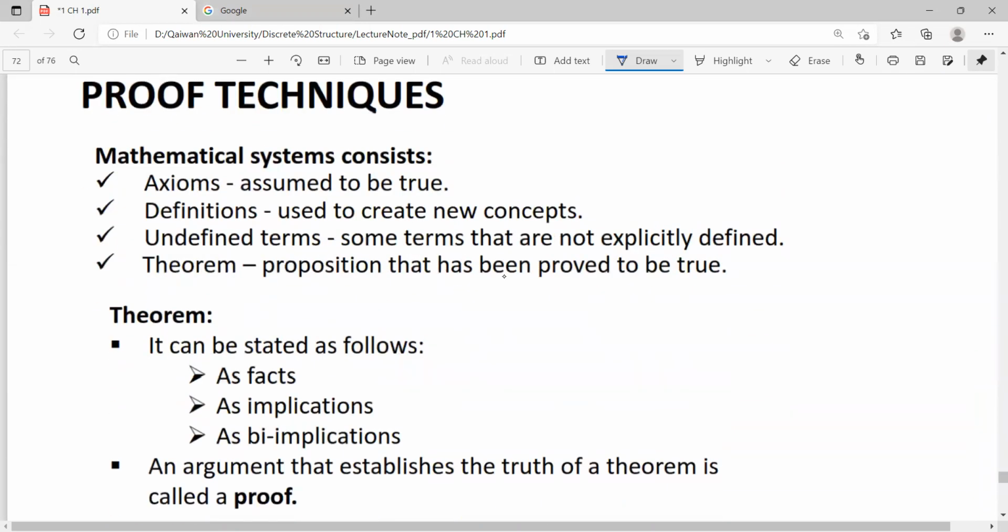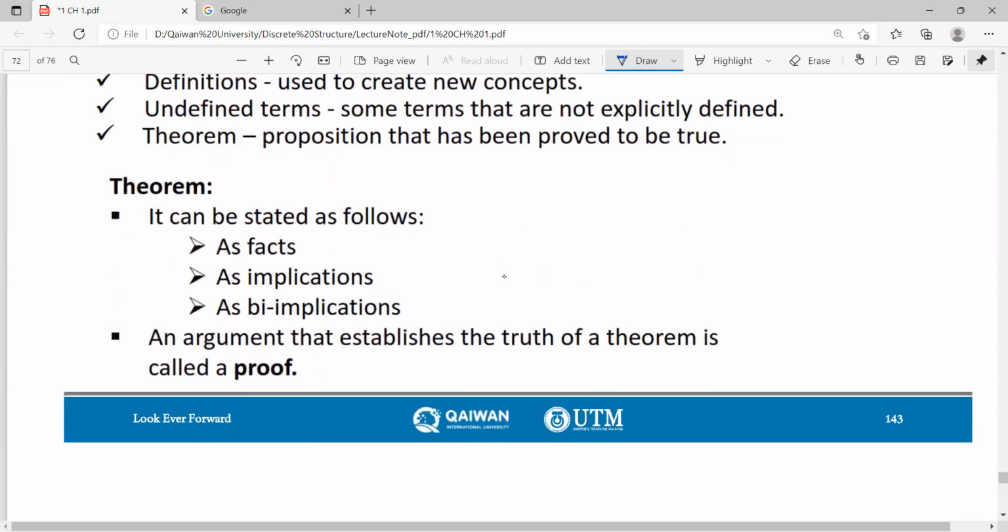We say the mathematical system consists of axioms, definitions, theorems, and undefined terms. These all are in the mathematical systems. And theorems can be stated as facts or as implications. We can state the theorems like this.